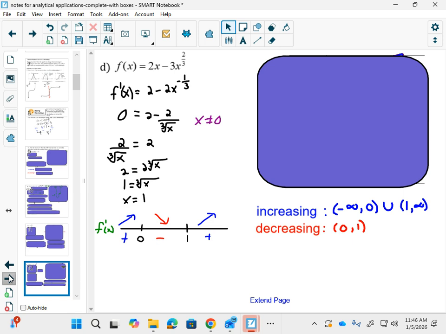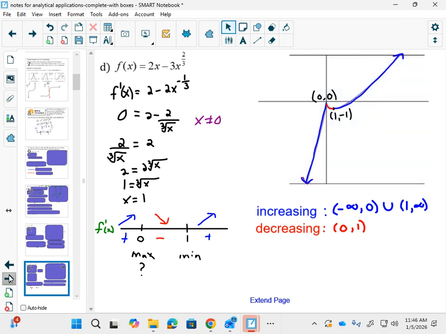In fact, from here, can you see on this graph that it sure looks like a maximum and a minimum? This one I'm a little bit concerned about because it was a non-permissible value. We type this equation into our graph, and in this case it is actually a maximum.